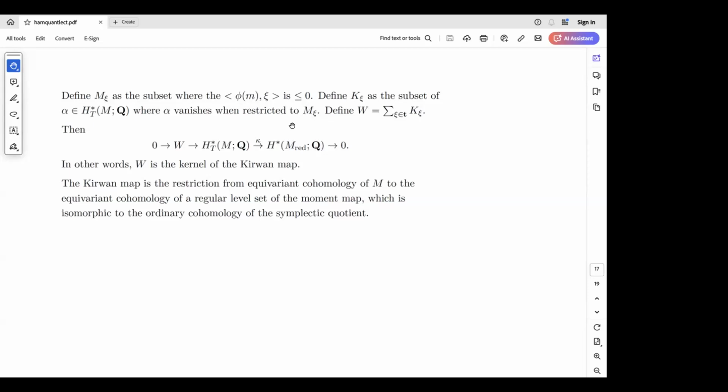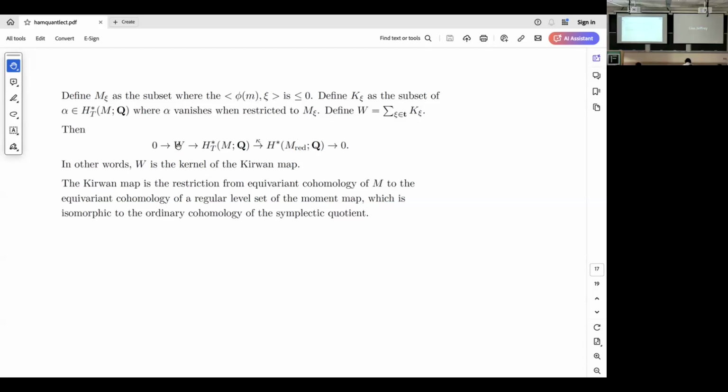That sits inside the symplectic manifold. And when you're taking a quotient at a regular value, the equivariant cohomology of the level set is isomorphic to the ordinary cohomology of the quotient. That very much uses that you have a symplectic form.